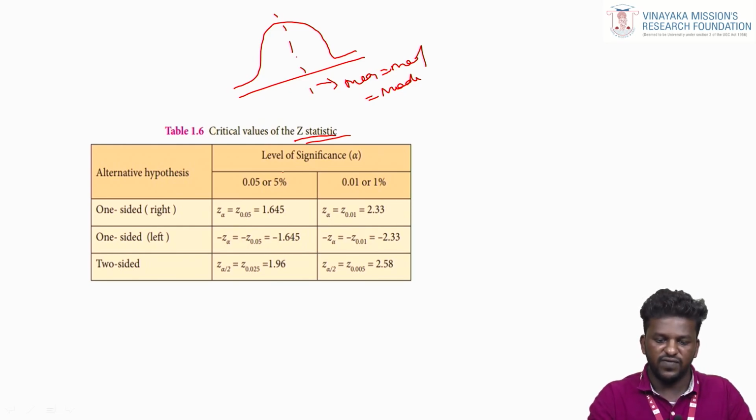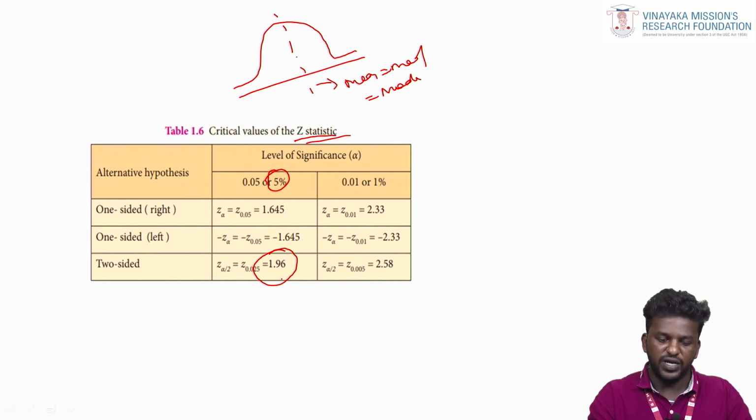So our level of significance is 5%, that means 0.05, and our alternative hypothesis is one-sided, right side, left side, or two-tailed. Suppose my alternative hypothesis is two-sided and my level of significance is 5%. So the critical value is 1.96. Okay.